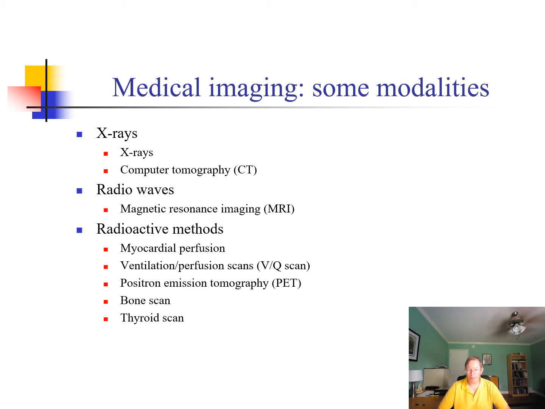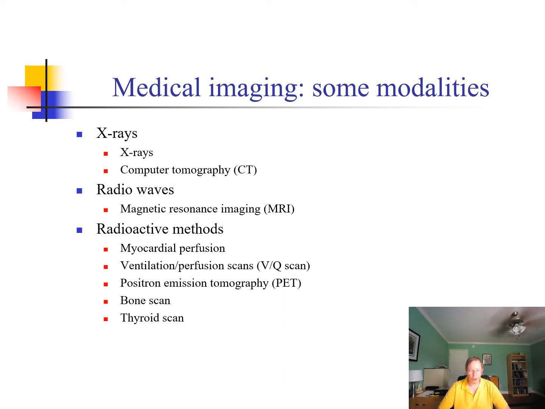So some of the modalities that have been used and currently are used in medical imaging include using X-rays, which are very energetic forms of electromagnetic radiation. These are things like your traditional X-rays that might be imaging your chest or your abdomen or a bone, as well as the 3D version of this, which is computer tomography or CT scanning.